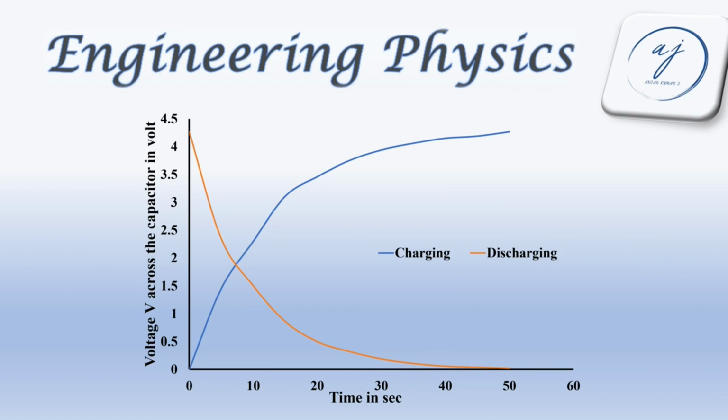These two curves meet at a point. That point is marked and a line is drawn in such a way that it meets the x-axis and the corresponding value is tabulated.